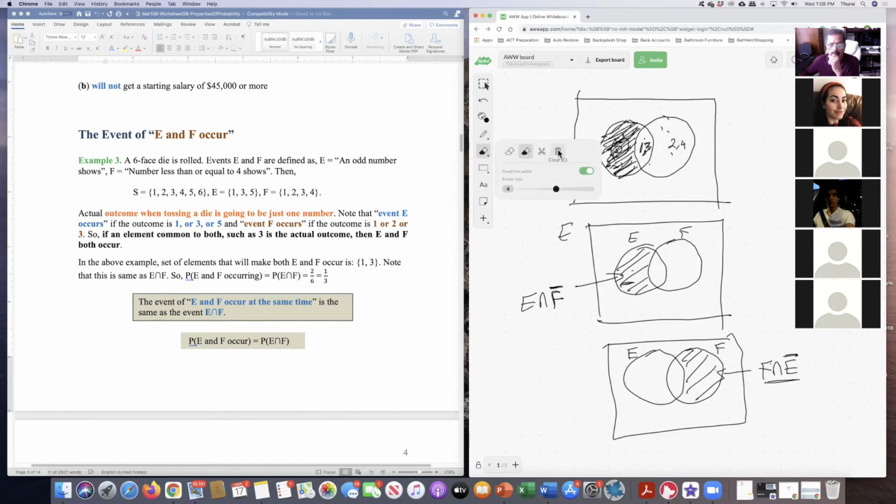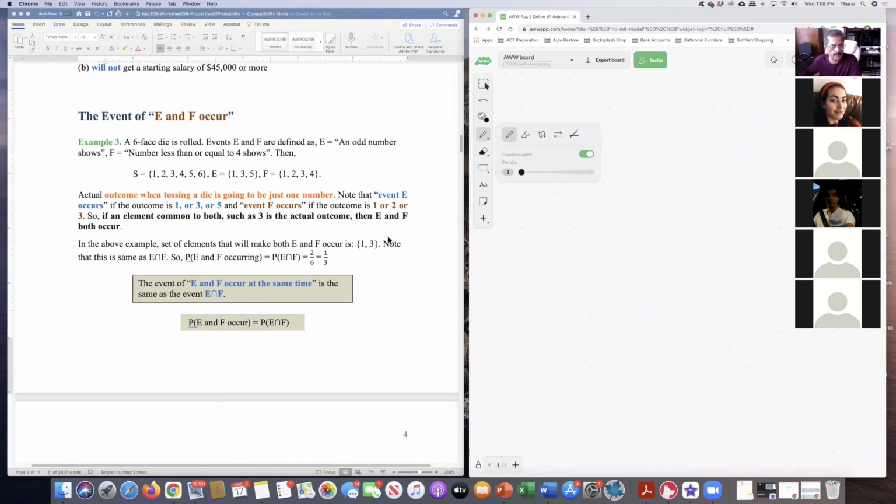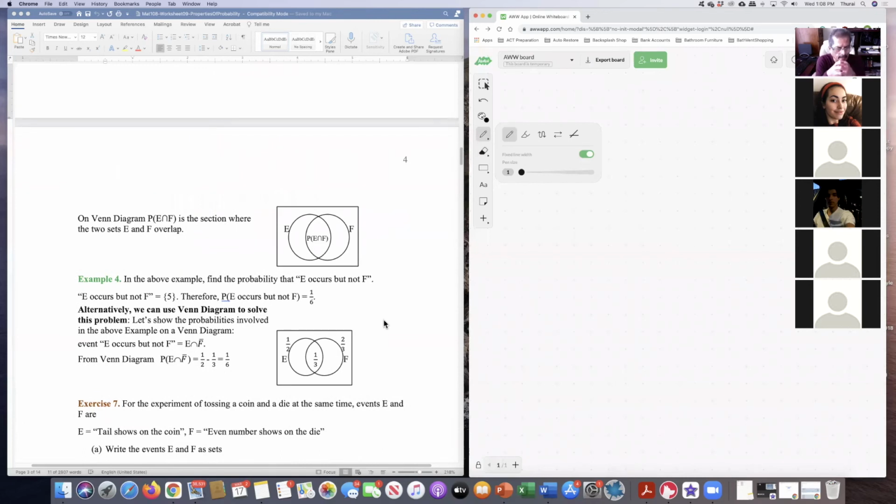Okay, so let's clear that, and now let's go to answering that question. What is the probability that E occurs but not F? I need to find the probability of this region that is part of E that's outside of F. So let's go back to the same example, tossing a die.